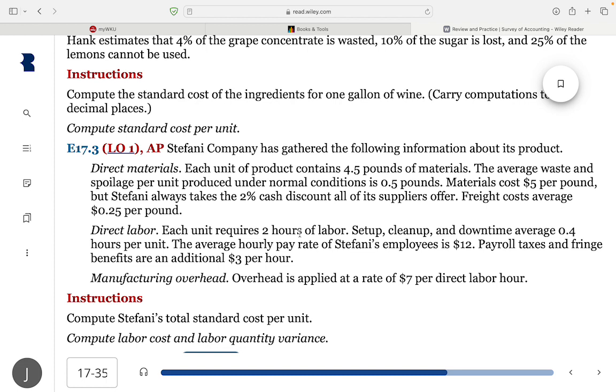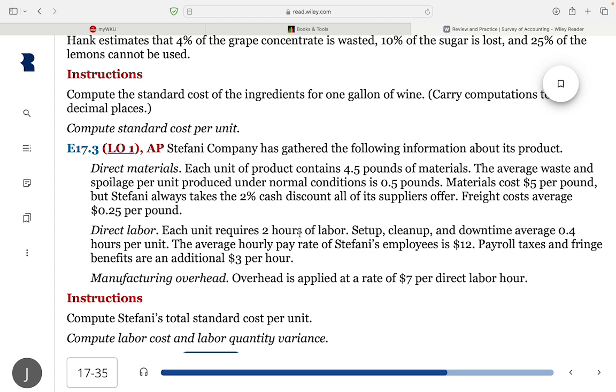Now, materials cost $5 per pound. But Stefani always takes the 2% cash discount all of its suppliers offer. Suppliers will often offer a discount in order to give you an incentive to pay your bill early. And 2% is very common.